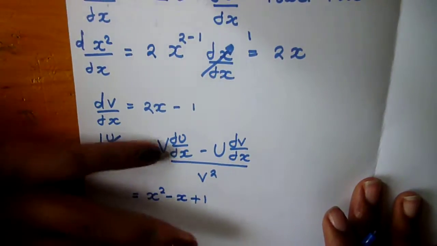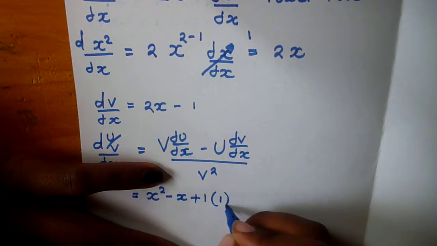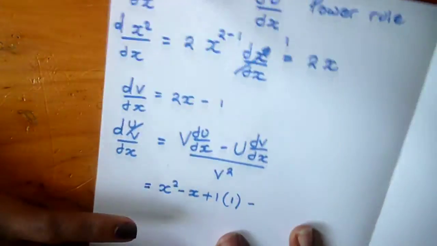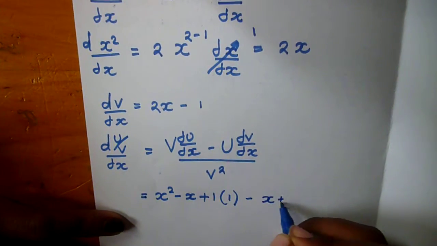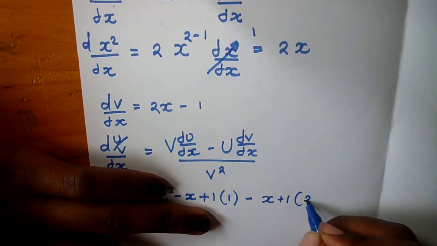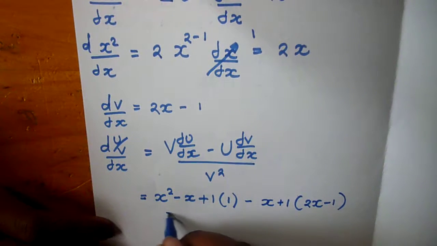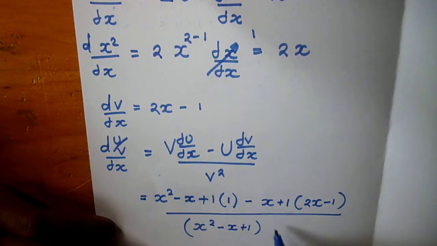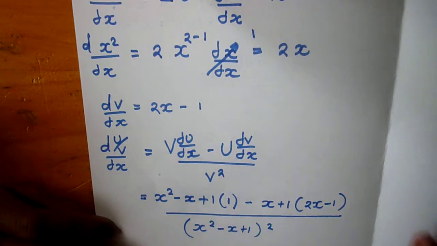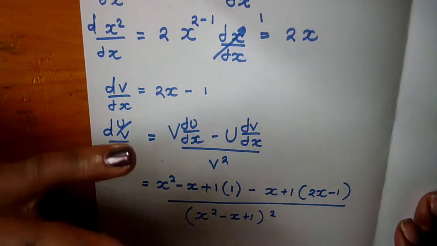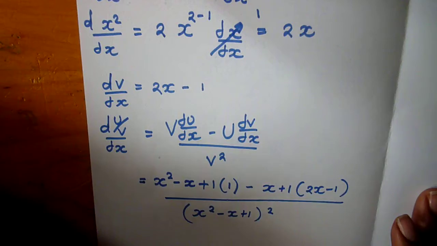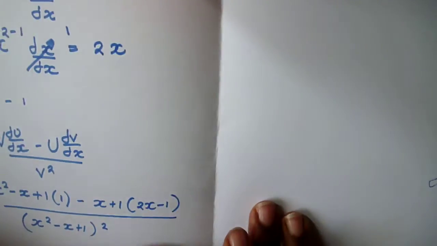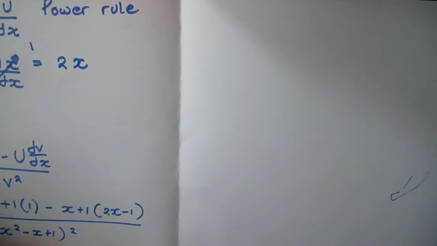Our du over dx was just 1, minus our u was x plus 1, and dv over dx was 2x minus 1, and our v was x squared minus x plus 1, all that squared. Okay, then from this point, all we're going to do is open the brackets and simplify. But simply, this is the derivative of the question that we had been asked earlier.